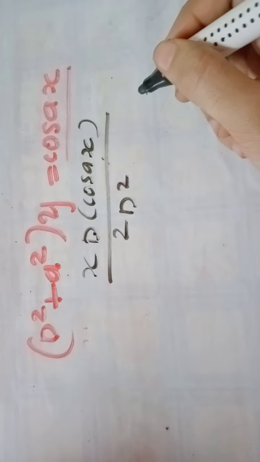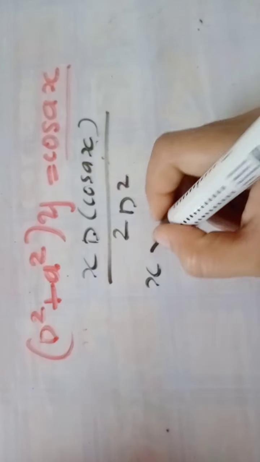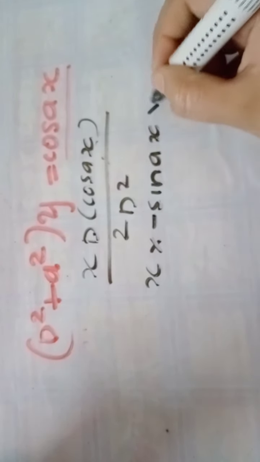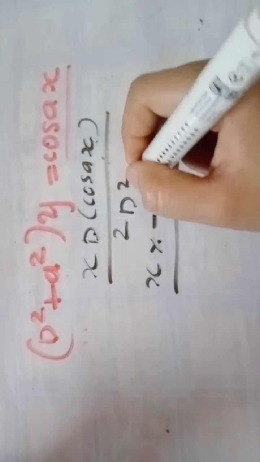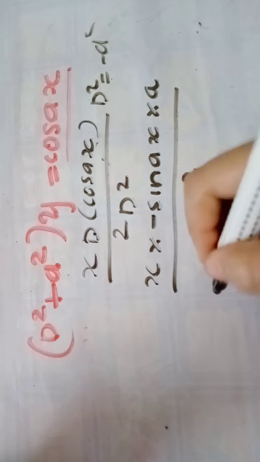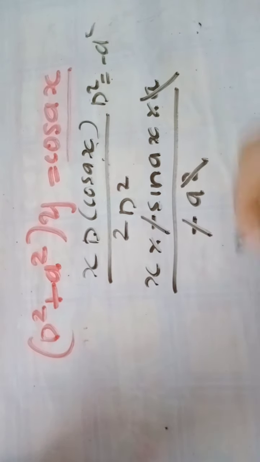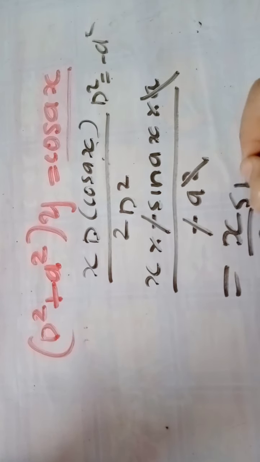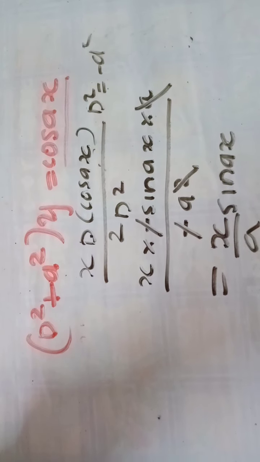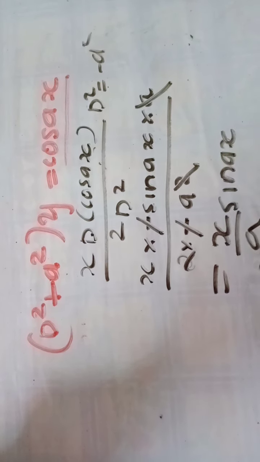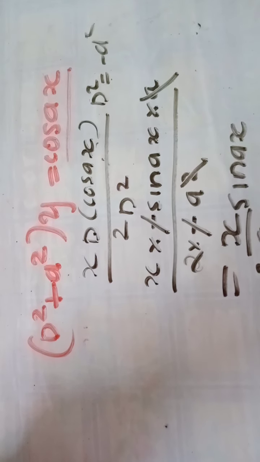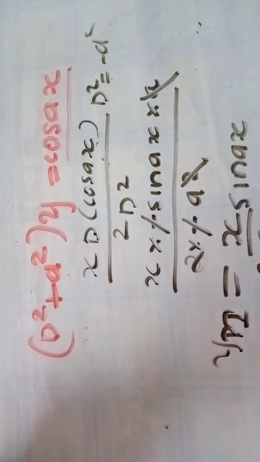What is D? D is the differential of cos ax, that is minus sin ax into a. And in 2D square, D square can be substituted as minus a square. Minus minus cancels, a cancels, so we get x by 2a sin ax. That is the answer for this y particular integral.